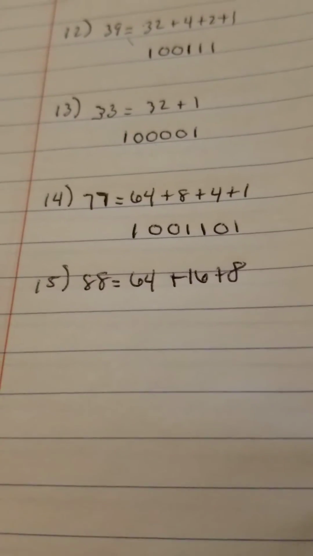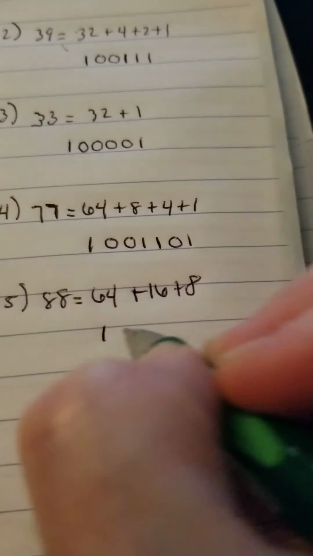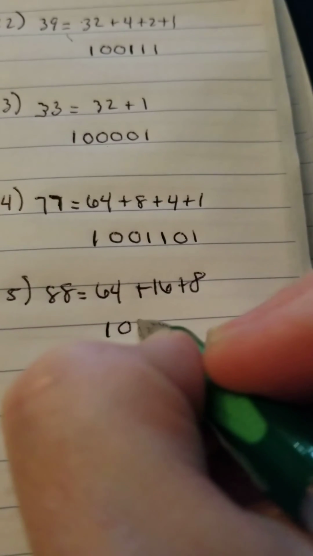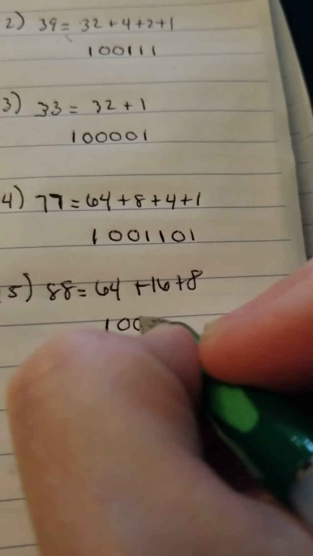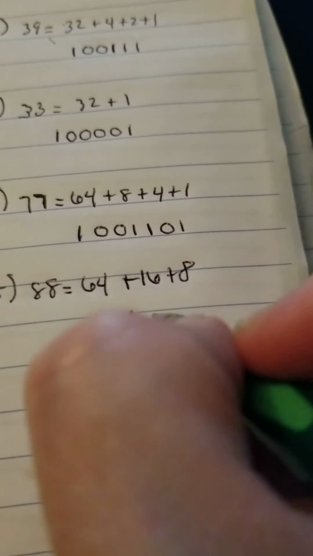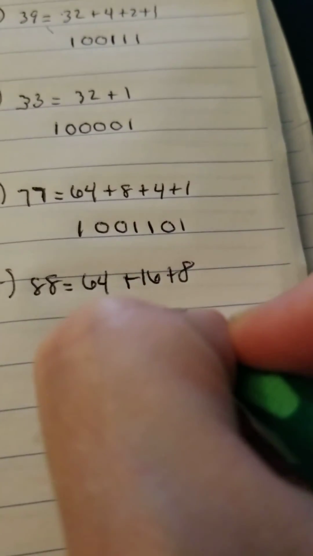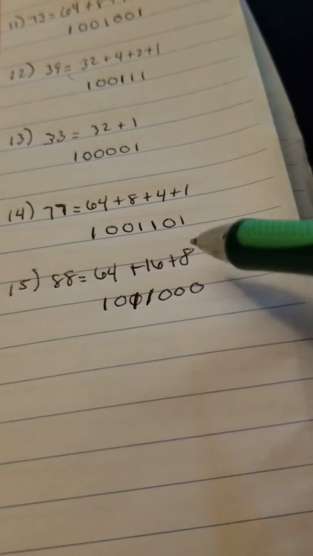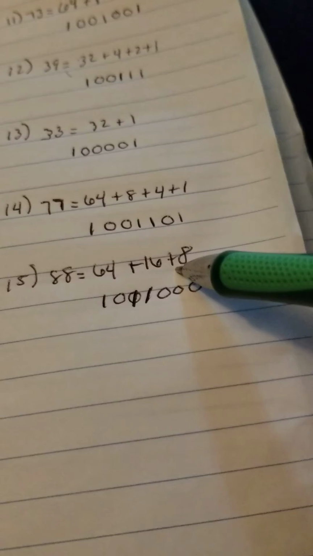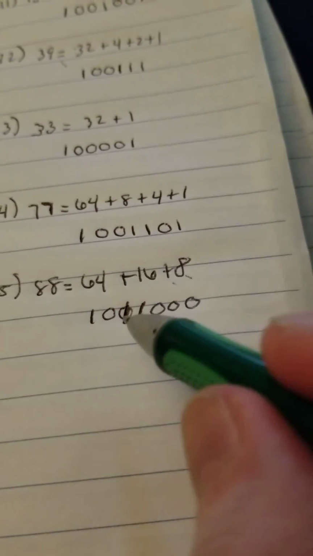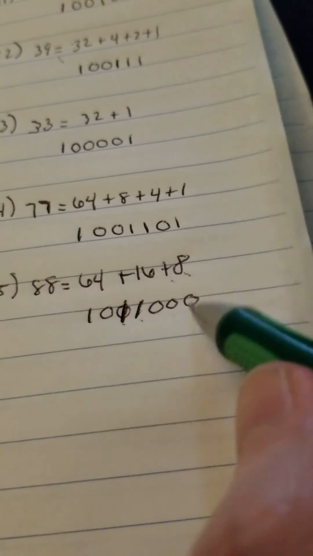Seems the simplest way to do it. So, 1 for the 64. There's not a 32, not a 16. Oh wait, there is a 16. And there is an 8. And the 4, 2, and 1 would not get activations because they're not there, and there's no remainder after the 8. So it's 1, 0, 1, 1, 0, 0, 0.